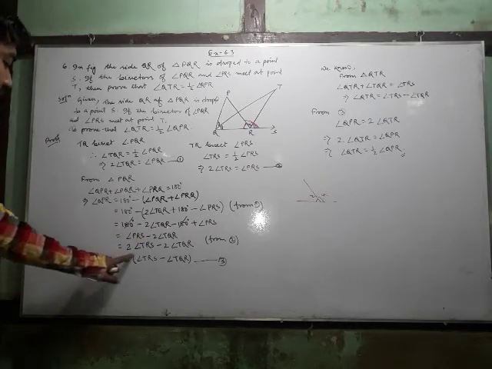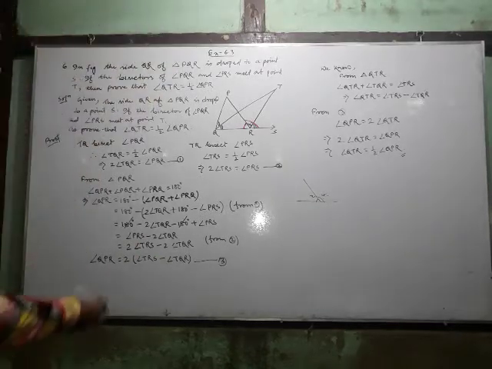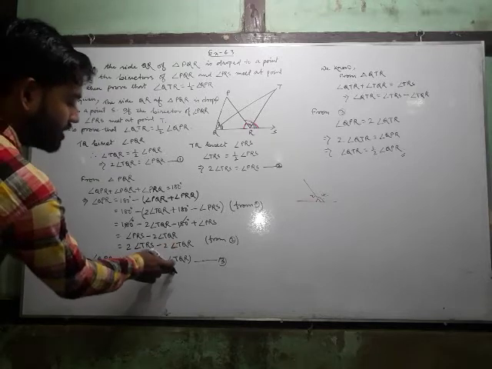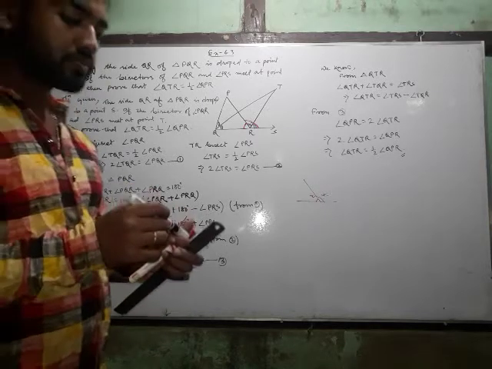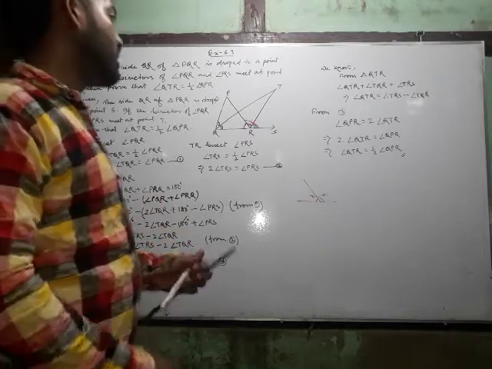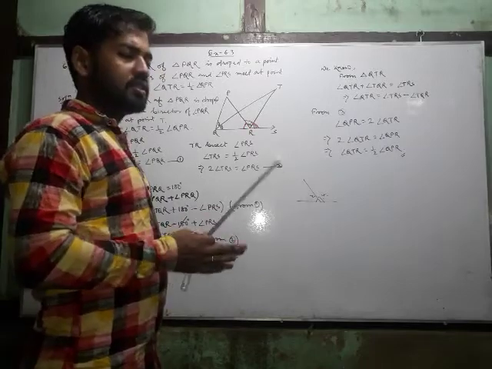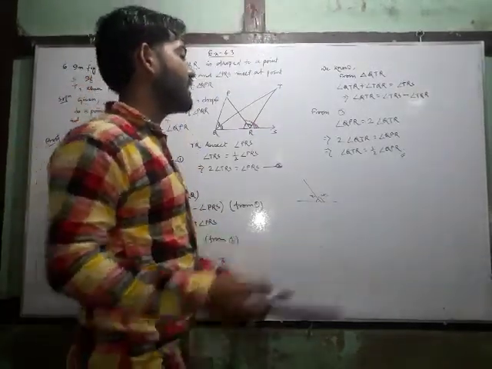Now from these two terms, 2 can be taken as common, so that within a bracket I get TRS minus TQR, right? Now another property you have seen in previous classes: the external angle of a triangle.